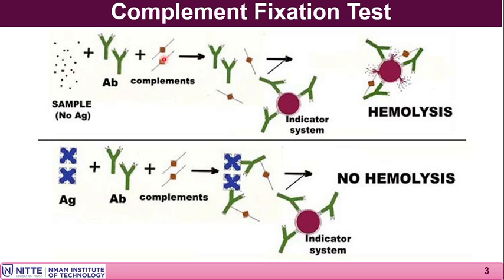Therefore, that free complement which was available in the serum readily recognized the indicator and bound to the Fc arm of the antibody, sheep antibody, and caused the hemolysis of the indicator, that is sheep RBC. This indicates the serum sample that you are testing for the antigen does not have the antigen.